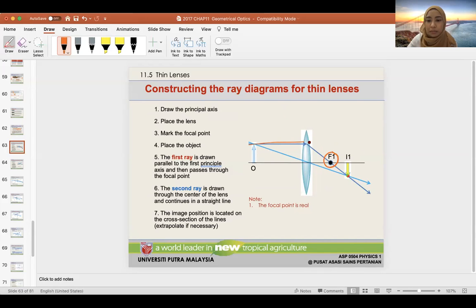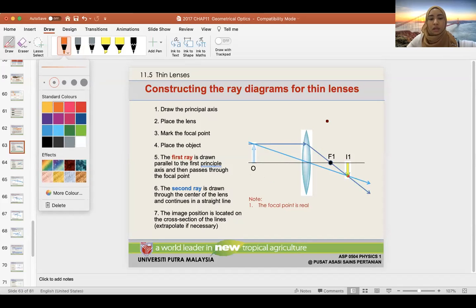So I would expect my light to go on the other side. So that is where the real is. That is where my focal point for a converging lens is. Same as the mirror I explained the other day: I expect my light to be reflected on the same side, so that is where my real is. That is very important to know, how to determine which one is real and which one is virtual. You don't have to memorize, you can just make sense of it.